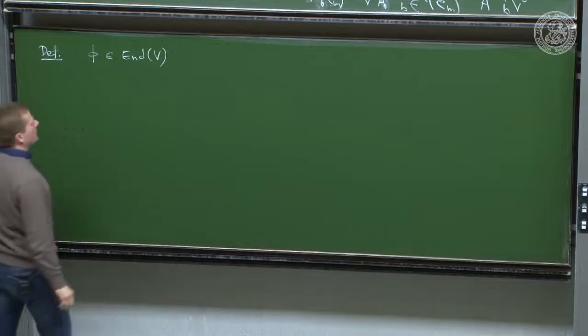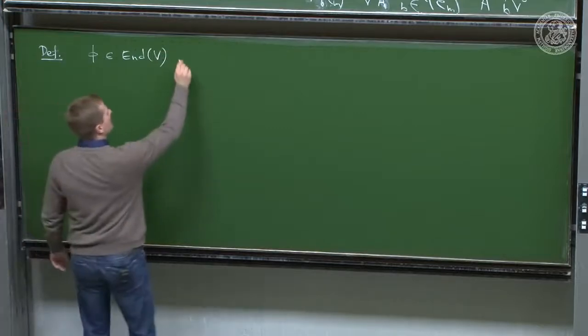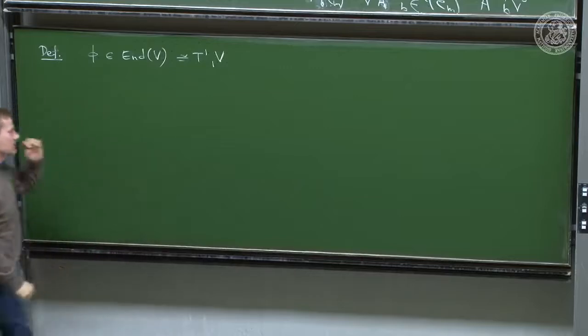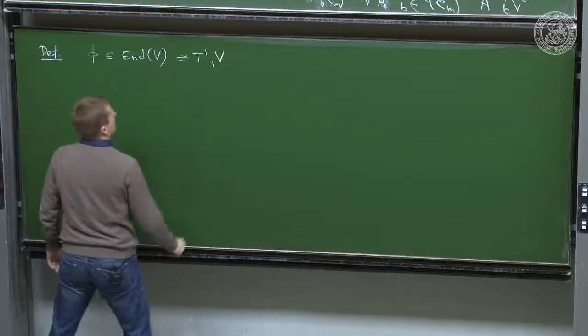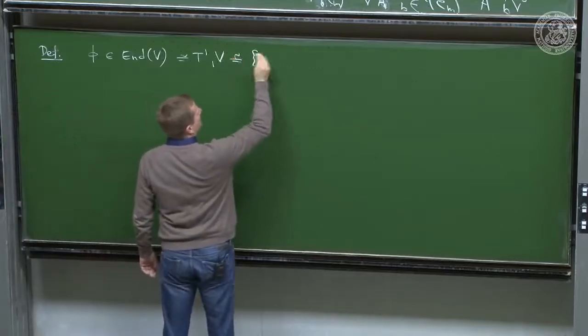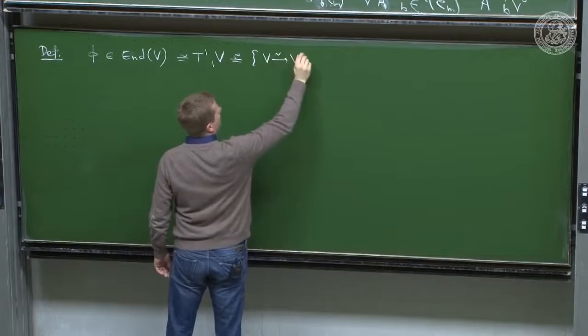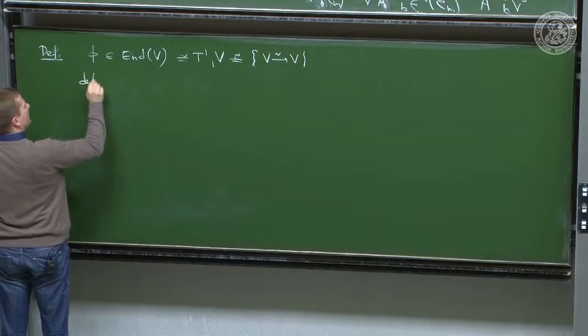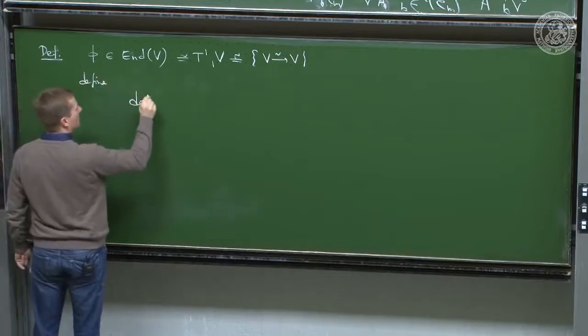And for an endomorphism, I emphasize again, for finite dimensional ones, for a 1-1 tensor, or a linear map V to V, for an endomorphism, we define the determinant of the endomorphism.